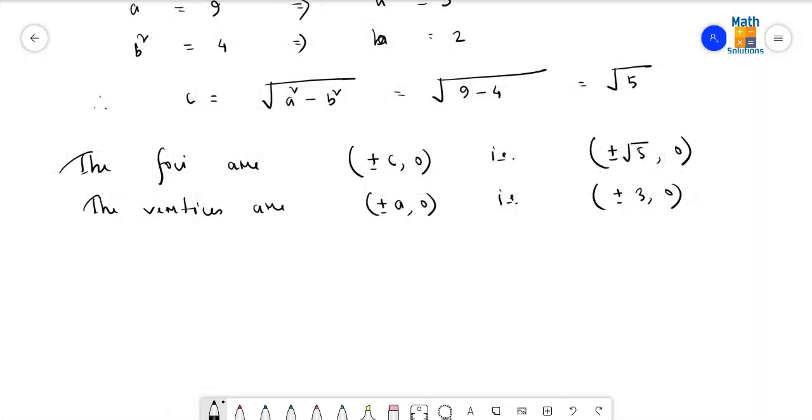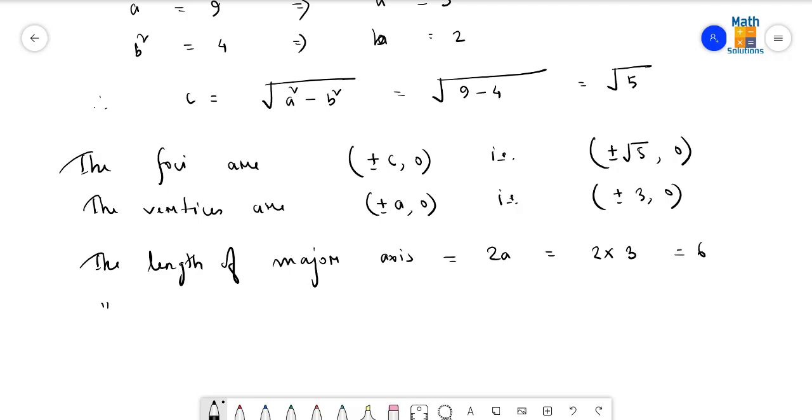Then we get the length of major axis is equal to twice a. So 2 into 3, the result will come as 6. The length of minor axis, what do we get? Twice b. 2 into 2, the result will come as 4.